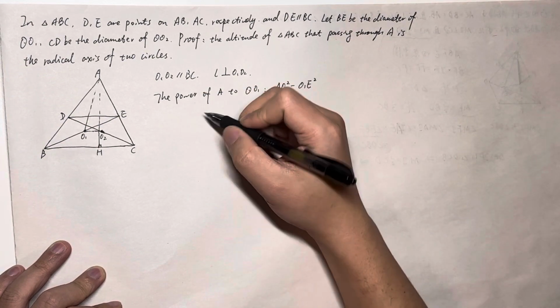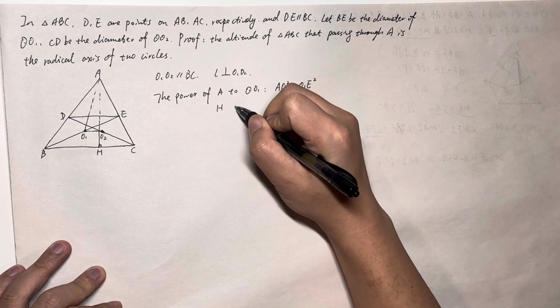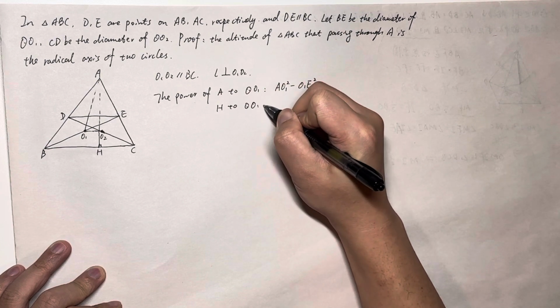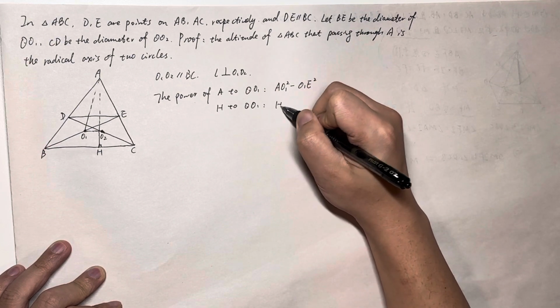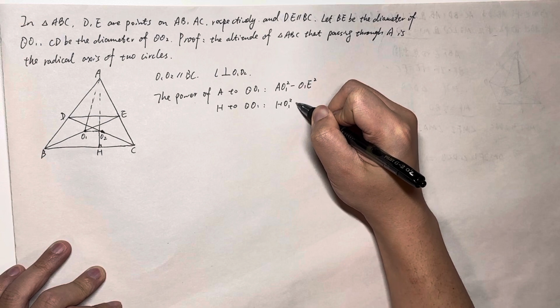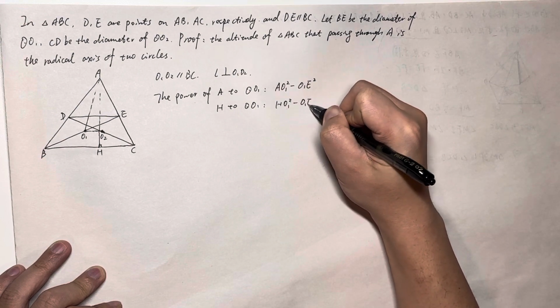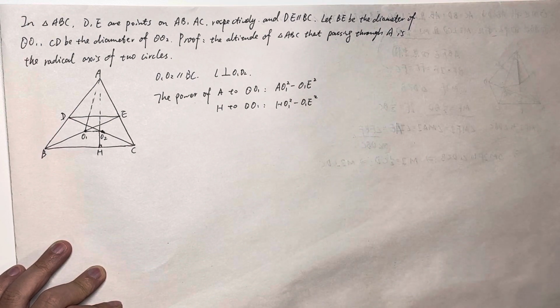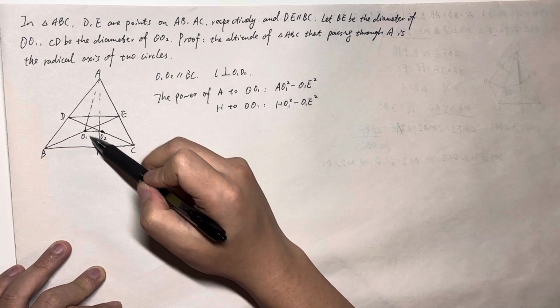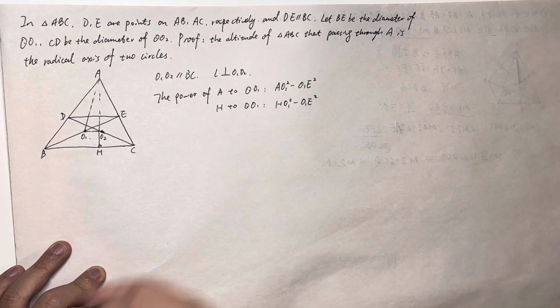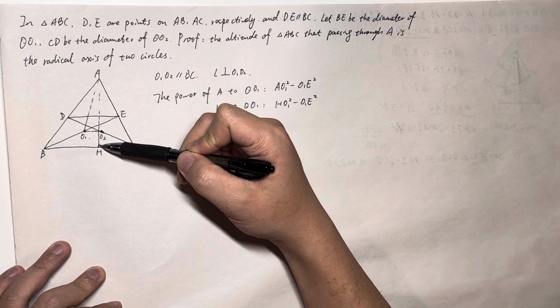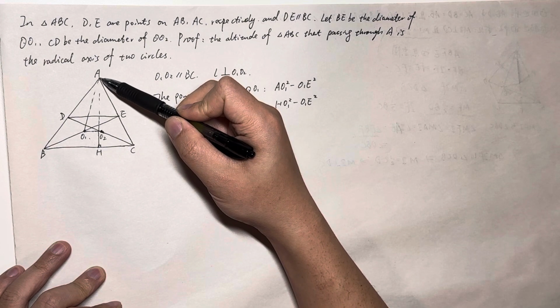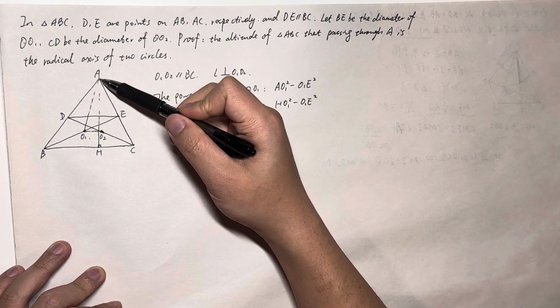And if we do it from H to circle O1, then it's HO1 squared minus O1E squared. HO1 is difficult to calculate because H is a point that is related to A, so why don't we just use A?